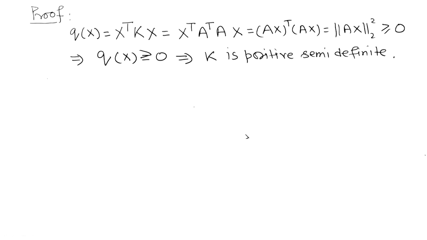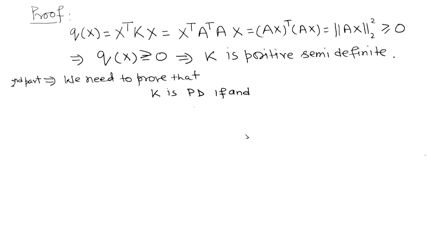Now in the second part we need to prove that the matrix K is positive definite if and only if the kernel of the matrix A contains only the 0 vector.